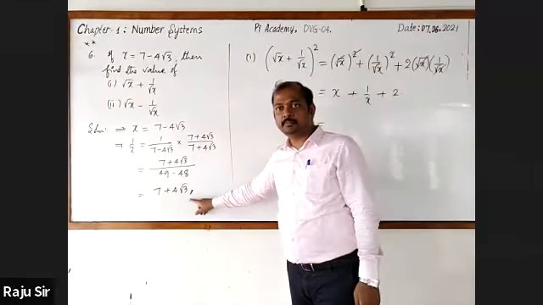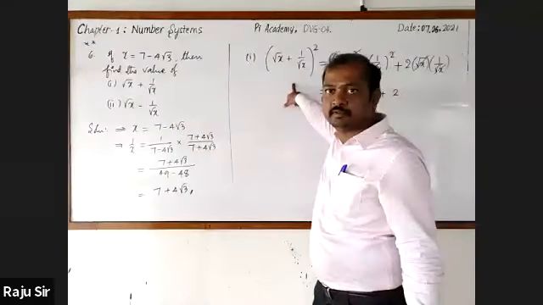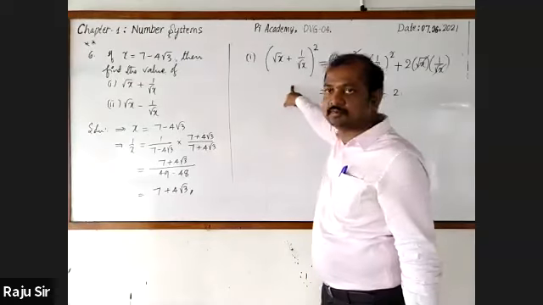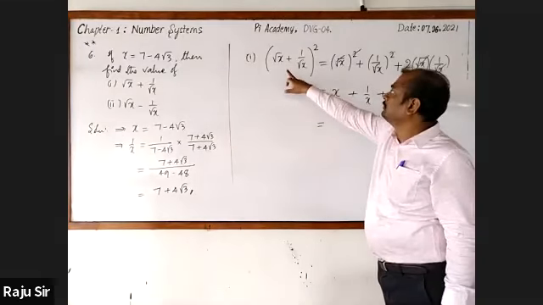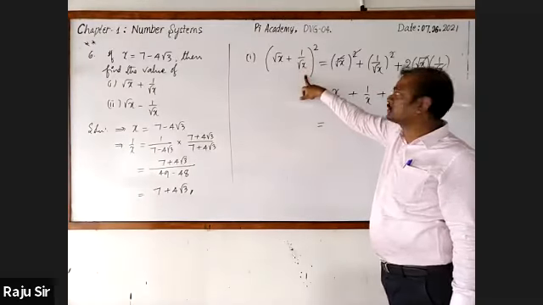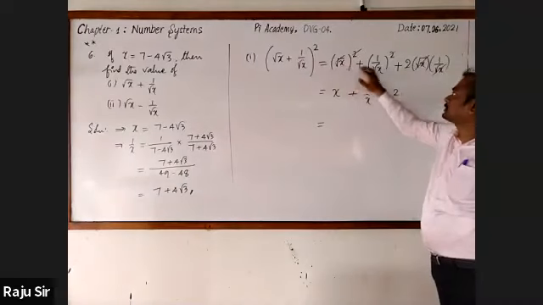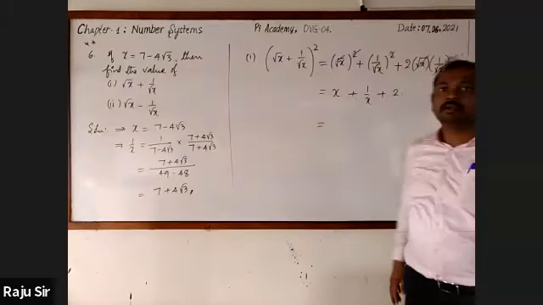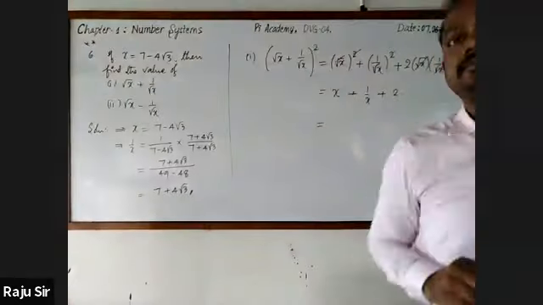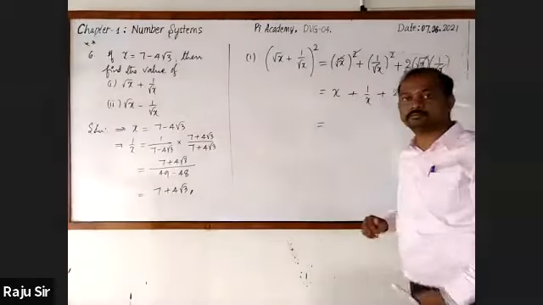Trupti, have you written up to here? Yes, sir. Okay, now copy from here. Lavanya, copy from here. First one. Root x plus 1 by root x whole square is equal to root x whole square plus 1 by root x whole square plus 2 into root x into 1 by root x. Sir, should we copy the left side or right side first?